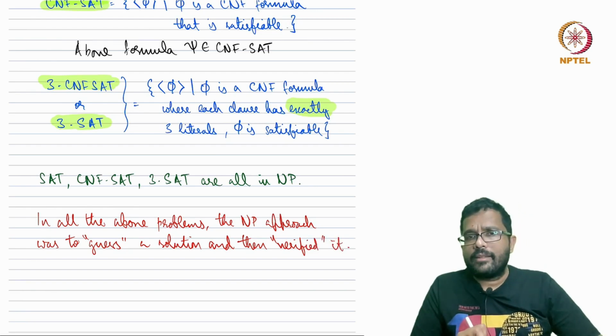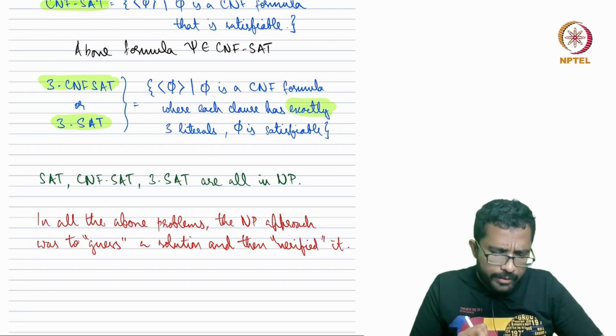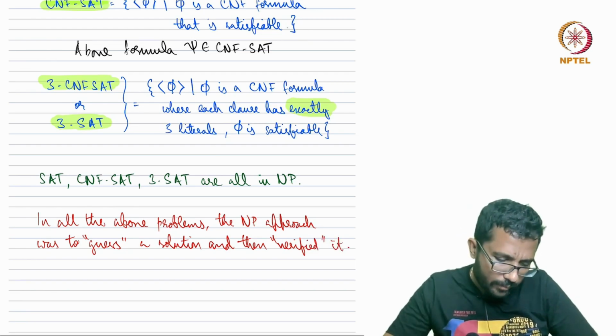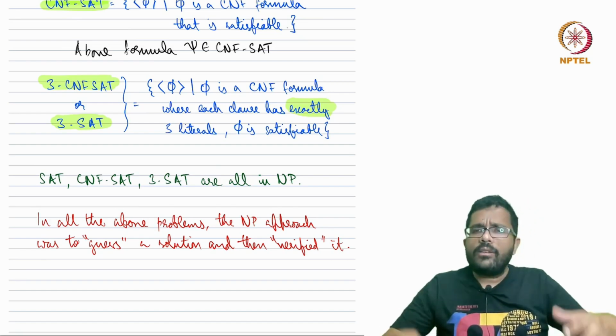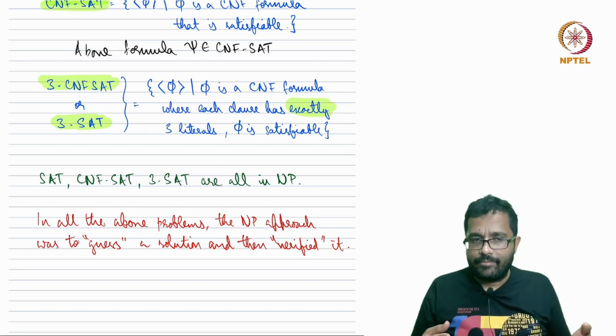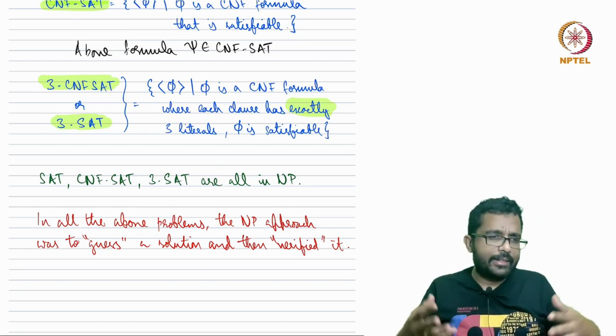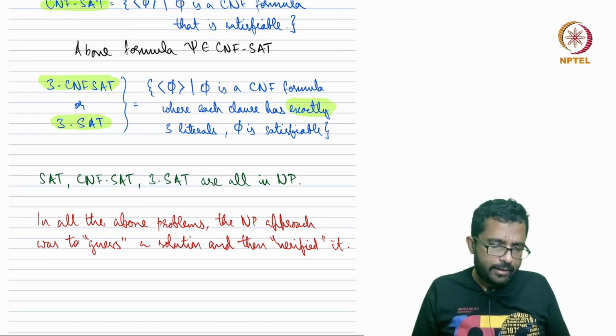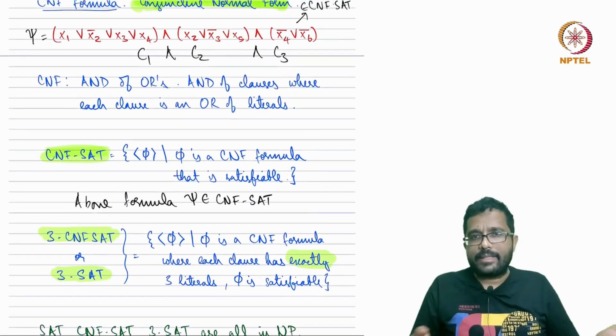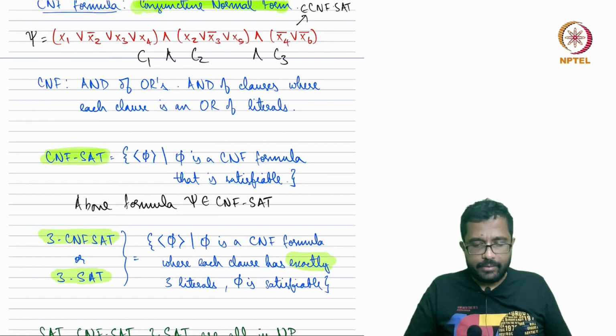So that's an observation. Now the question is, are all the NP solutions like this? If something is in NP, does it always have to be of this form? Or is it just that these three problems happen to be of the guess and verify type?